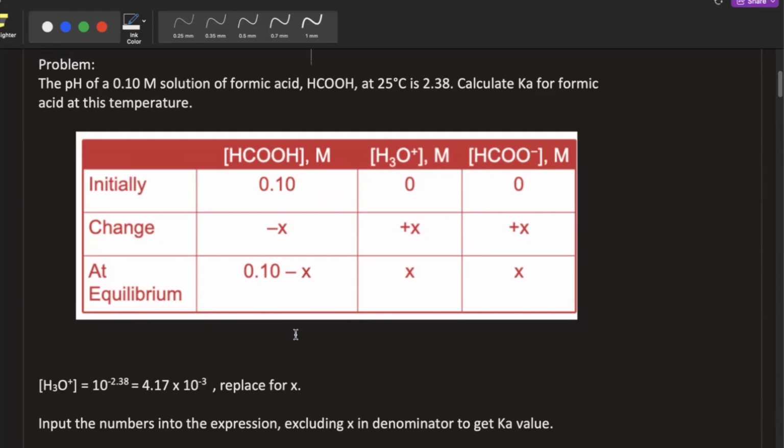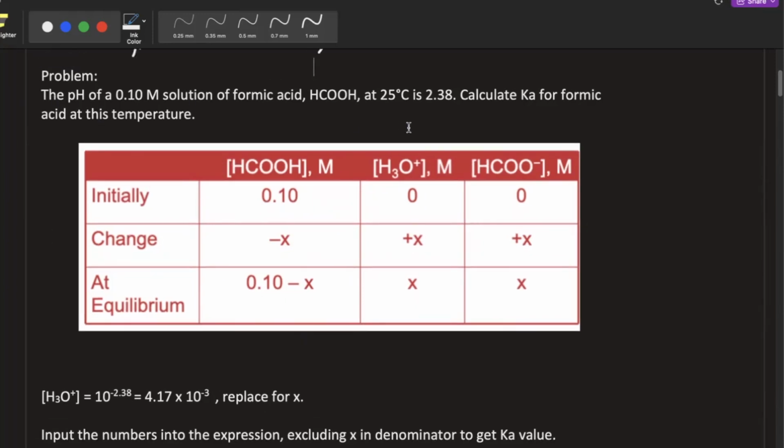So what it's asking is calculate the Ka for formic acid at this temperature.